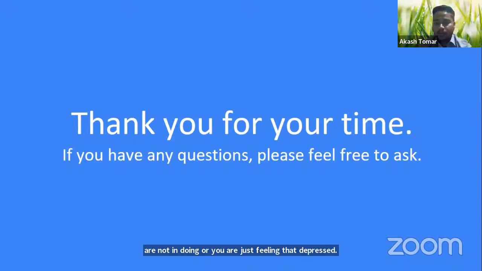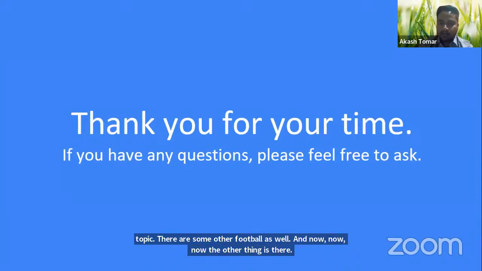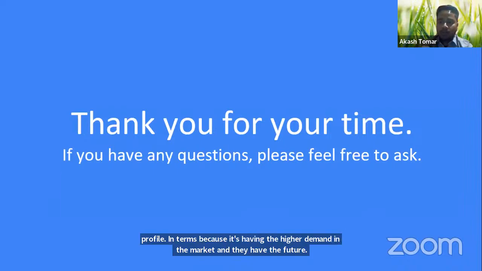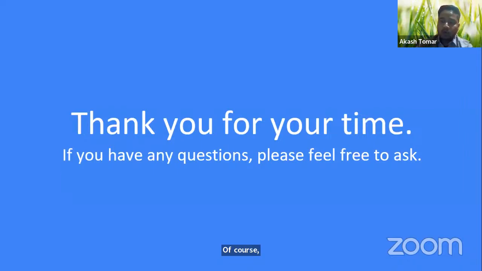The other thing is that it's a very good profile. It's good because it has higher demand in the market and future scope, because nowadays we are generating a lot of data and all the companies are moving to the cloud. Why are they moving to the cloud?